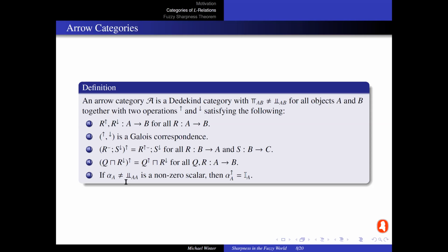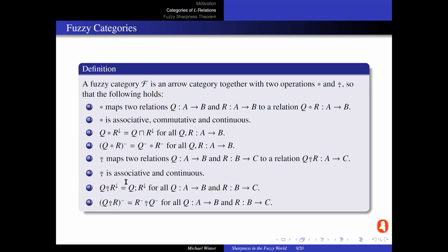Now we can actually talk about L relations, so L valued relations. But we need a little bit more. We need our extra operation star. So in this abstract setting, and that's what a fuzzy category is, what you see over here in the beginning, number 1 and 2, is that star is something like a meet, except that it is not necessarily idempotent.